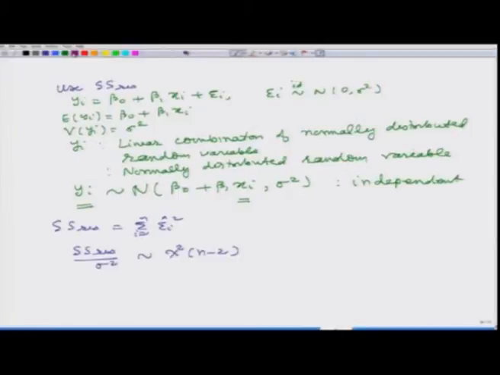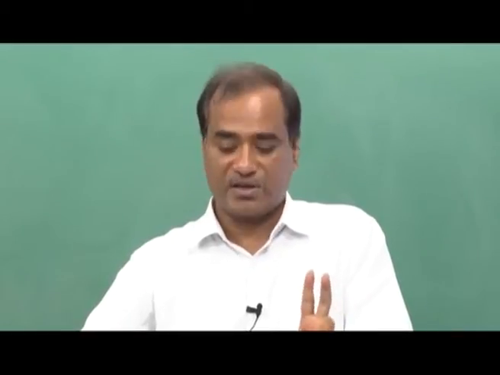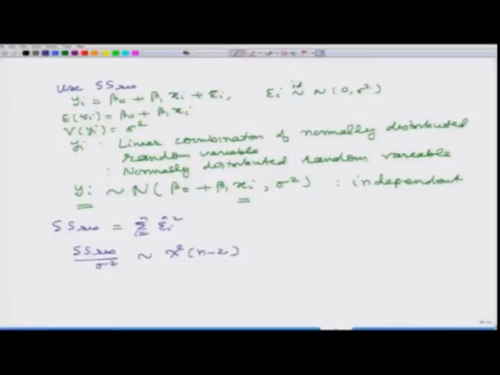One question comes, how does 2 come into the picture? Since I know that epsilon i hats are depending on 2 unknown parameters beta 0 and beta 1, which we are estimating as beta 0 hat and beta 1 hat. So, there are 2 unknown parameters which are being estimated in finding out the epsilon i hat square. So, that is why there are 2 constraints, and so the degrees of freedom are reduced by 2, and the degrees of freedom of this chi-square random variable are n minus 2.